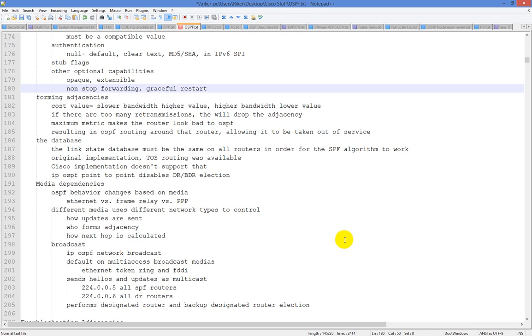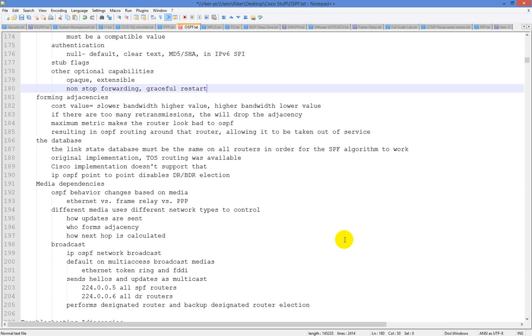They both have Type 2 LSA exchange, which means there's a DR/BDR election process there. Now PPP defaults to point-to-point, and it does not use a Type 2 LSA. We'll talk about that more in detail as we go in. But different media use different network types to control how updates are sent, who forms adjacency, how next hop is calculated, that type of stuff.